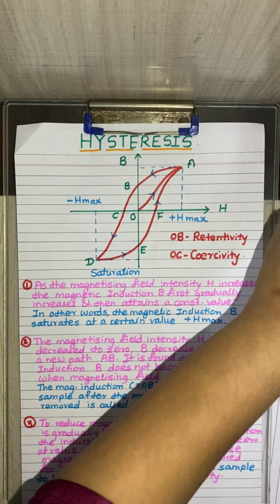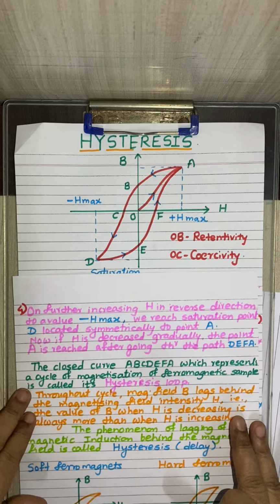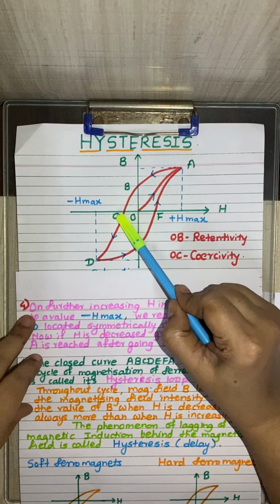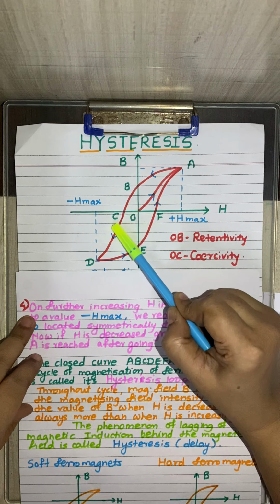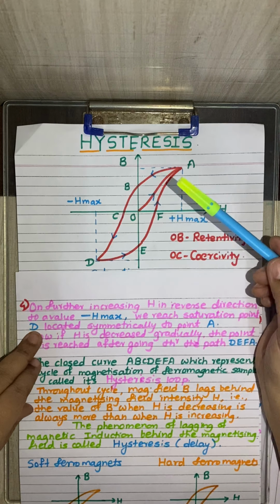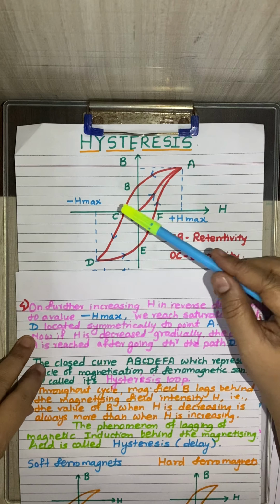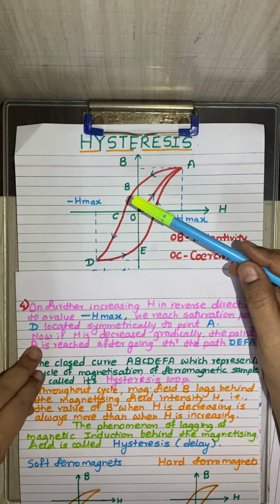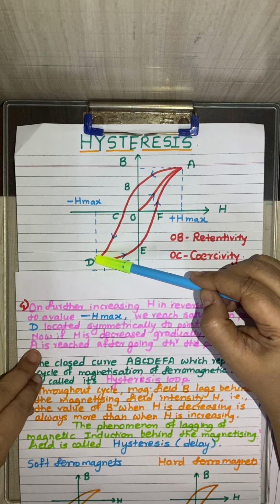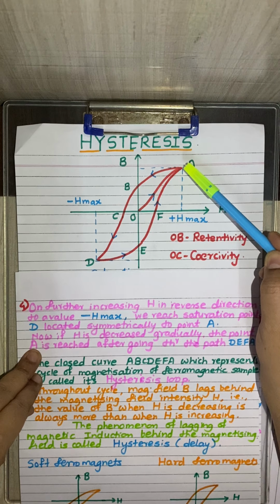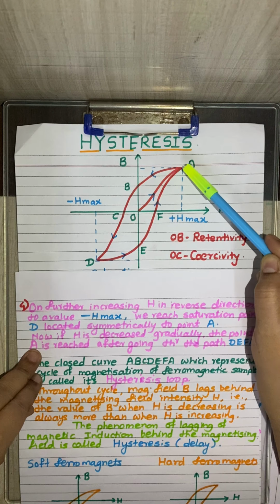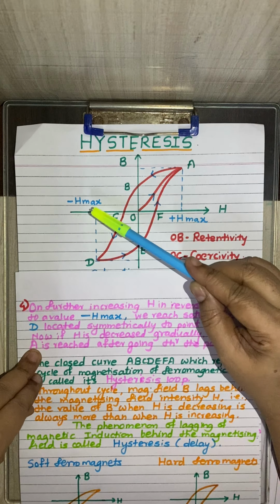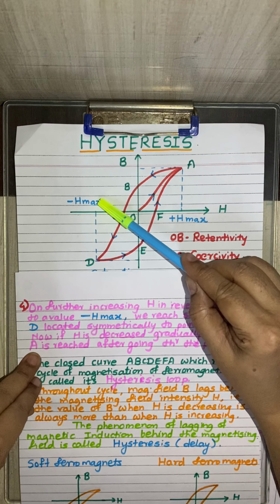Now the fourth point again I will discuss here. On further increasing H in the reverse direction, I am traveling from C to D, and the value of minus H max is reached. We reach the saturation point D, located symmetrically to the point A. Just as A is the saturation point, similarly D is also a saturation point attained at the minus H max value.